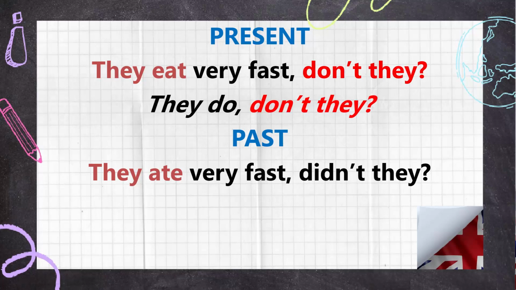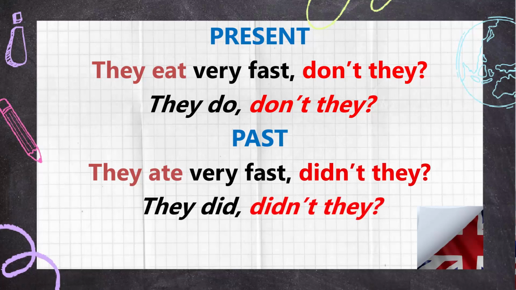They do, don't they? So we have present simple. At the past we have they did, didn't they? So you get my point, okay? You must pay attention to this.